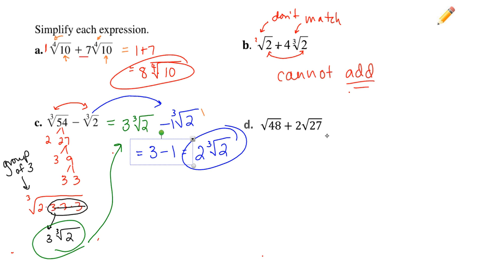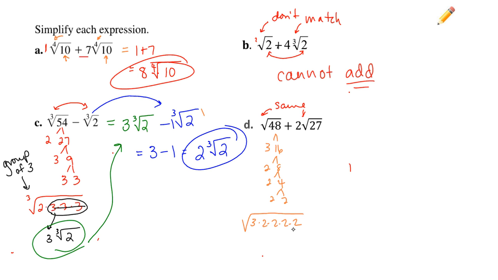Okay, these don't match, well, their indexes match, right? These are the same. Technically it's 2, but having nothing there would be the same as matching. So we're going to break them down. Let's see, 48, 3 and 16. Looks like 48 is a square root, because there's no number.